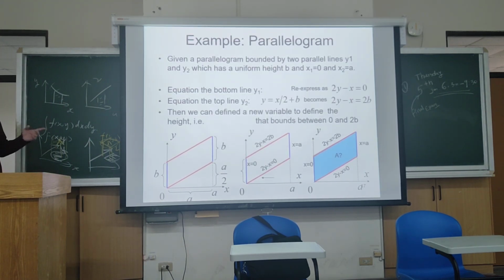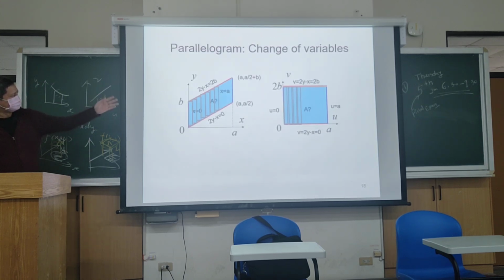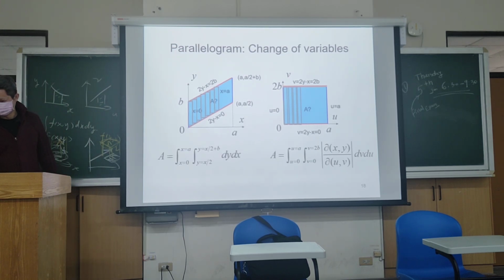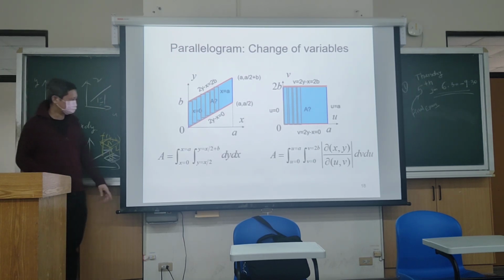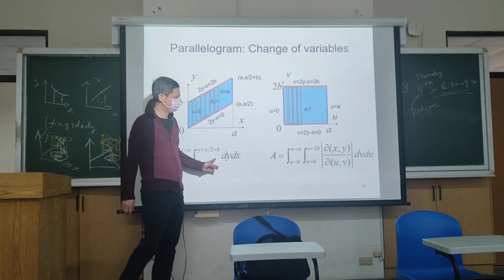So we previously used this simple example to show you that this transformation will turn this inclined parallelogram into a rectangle. Okay? So our function is a constant value 1.